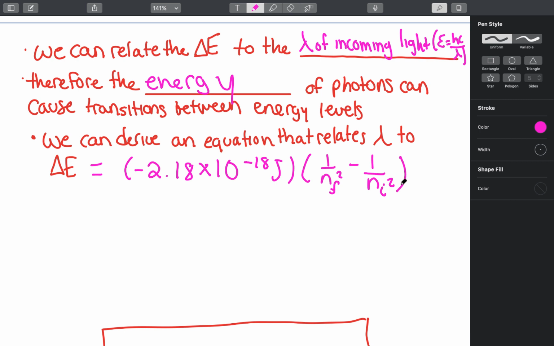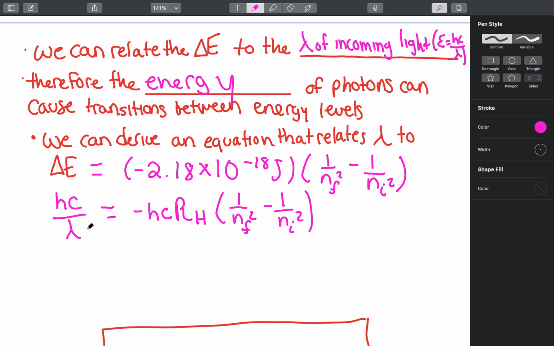So we know that this constant is equal to negative hc times the Rydberg constant, times 1 over nf squared minus 1 over ni squared. And we know that delta E, in order for this transition to occur, the energy of the incoming light must be equal to this difference in energy. So therefore, this can be set equal to hc over lambda.